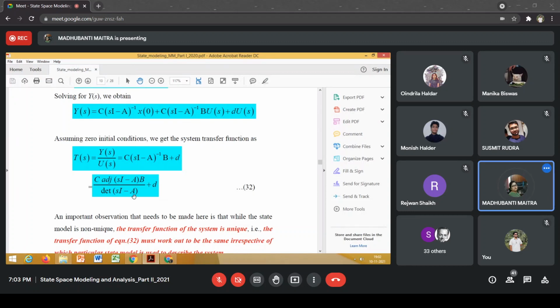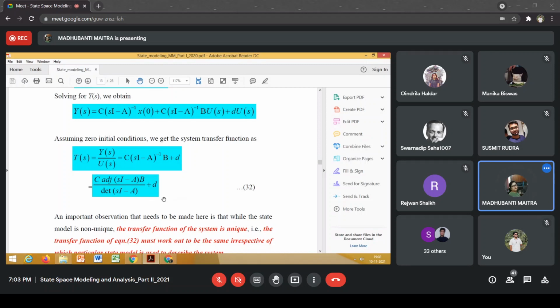Do you agree? Yes, ma'am. Right? So if we write Q(s) equal to determinant (sI minus A) equal to 0, that means we are getting the characteristic equation of the system.